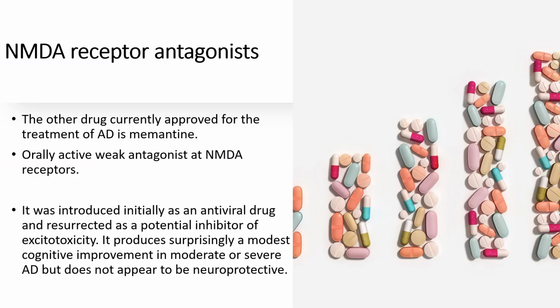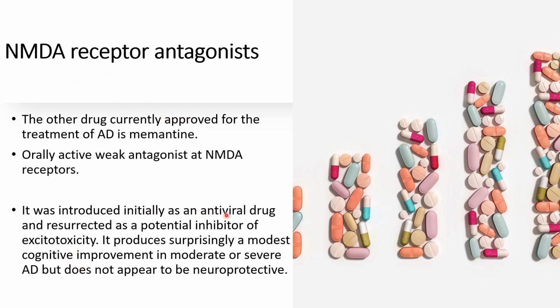Second important group of drug that is important in the treatment of Alzheimer's disease is N-methyl-D-aspartate receptor antagonist. N-methyl-D-aspartate receptor is basically the receptor for glutamate, that is an excitatory neurotransmitter present in brain. The only drug that is in this group include memantine.